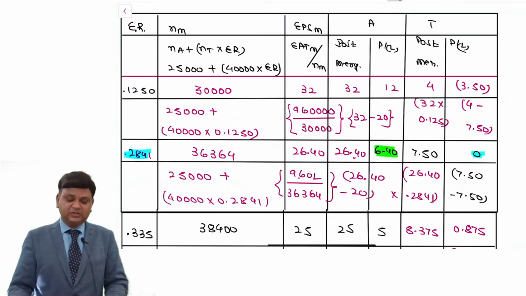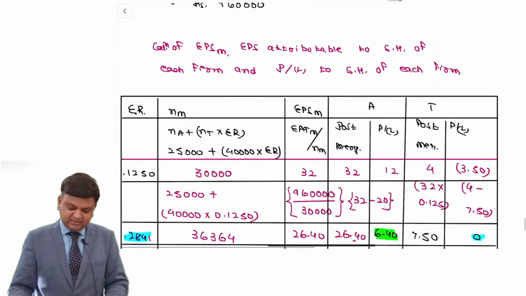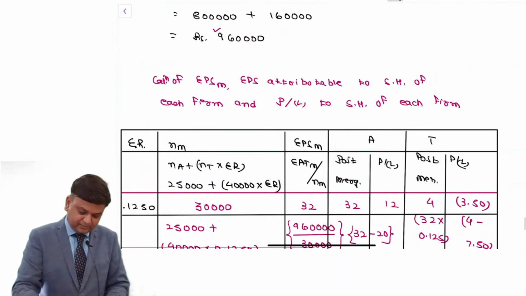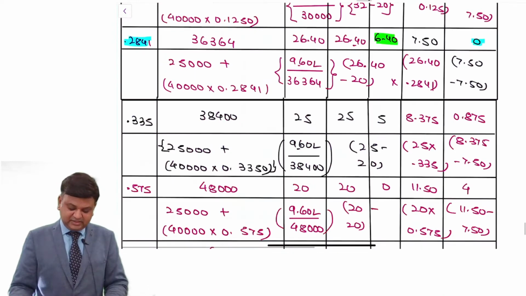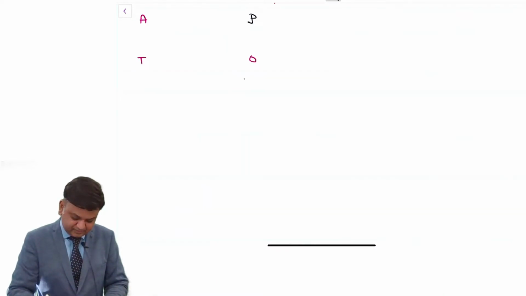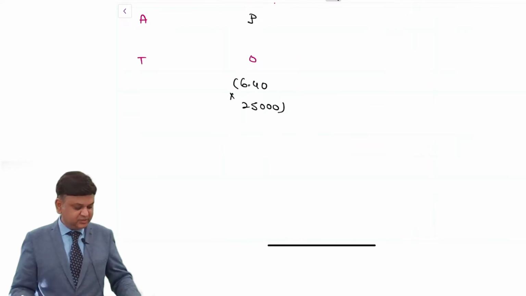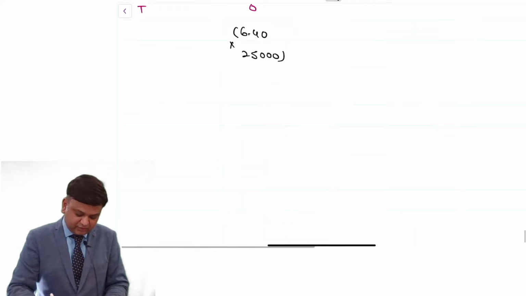What is the number of shares of acquiring company? The acquiring company has 25,000 shares. So the profit is 6 rupee 40 paise per share into 25,000 shares. 6.4 into 25,000 comes to an amount of rupees 1,60,000.